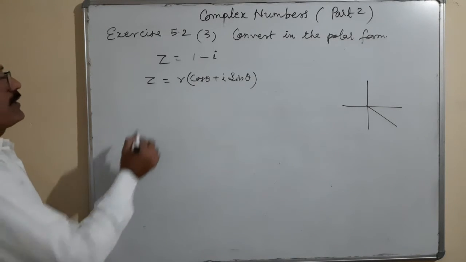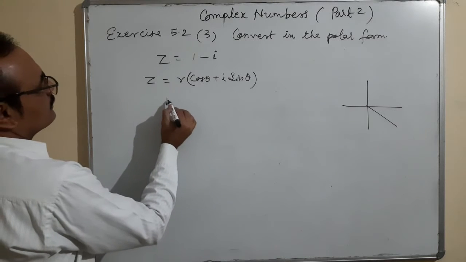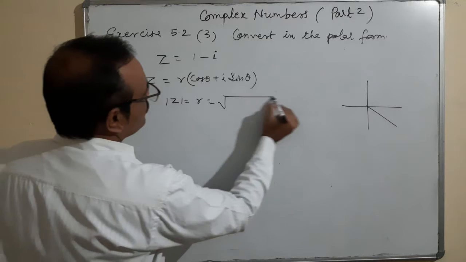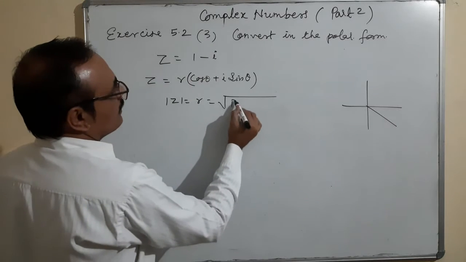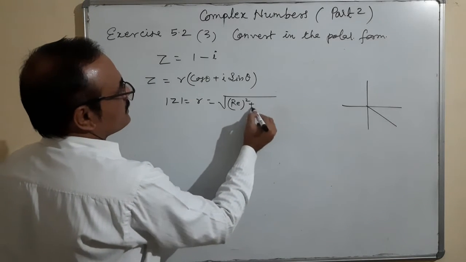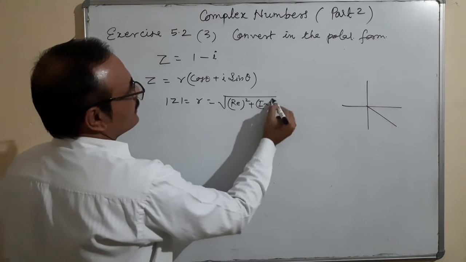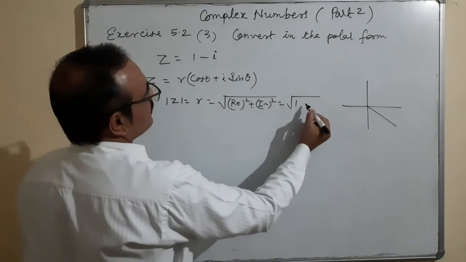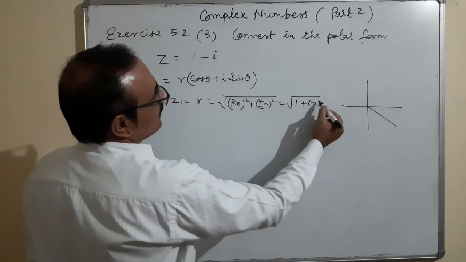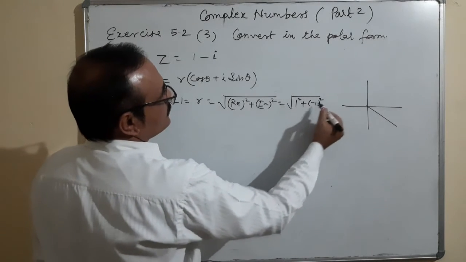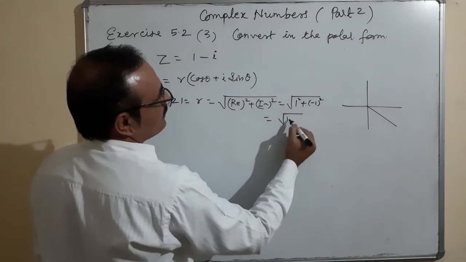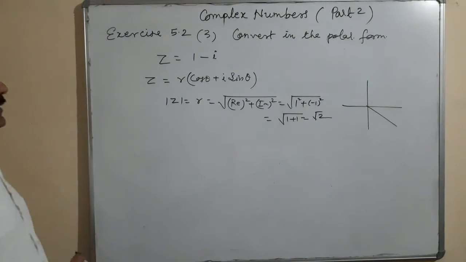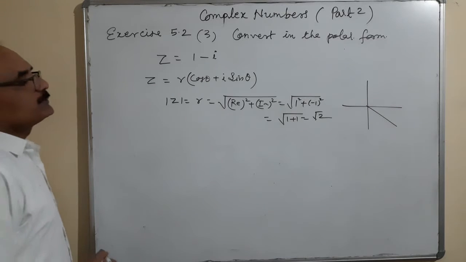For finding the value of r, r is equal to the square root of the square of the real part plus the square of the imaginary part. Real part square, 1 square, that is 1, plus minus 1 square, that is also 1. So 1 plus 1, it is under root 2. R is equal to under root 2.